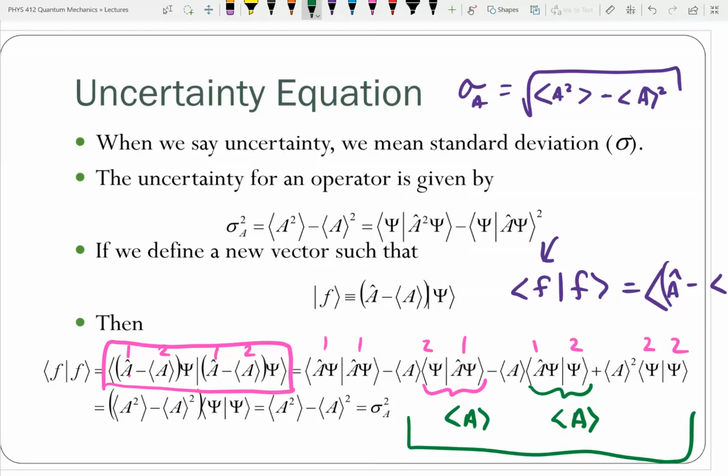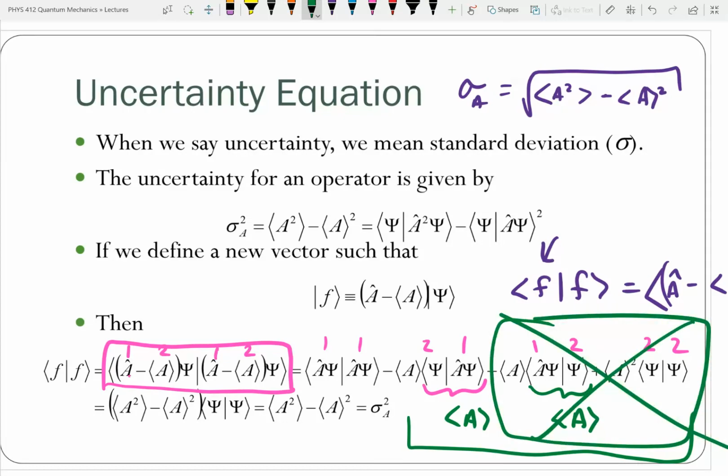So the easiest way to do this is, let's say that these add up to 0. And then I just have those first two terms.